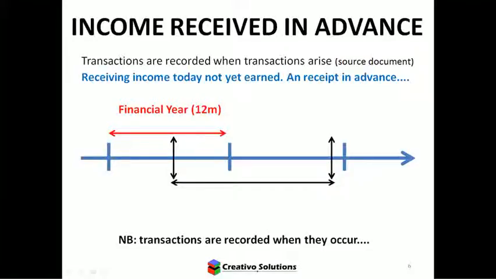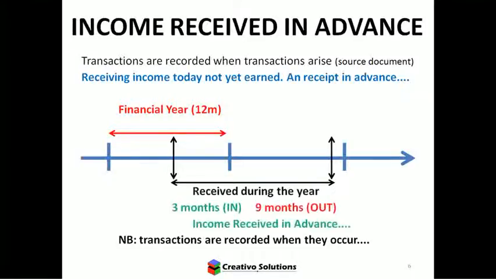So we've received income today, but it relates to a longer period of time. So it extends further than the year end. If I'm looking at 3 months being the actual portion that belongs to the current financial year, which is the 12 months that I'm analyzing and reporting on, then those 3 months will be viewed as being inside the financial year, which is then viewed as income.